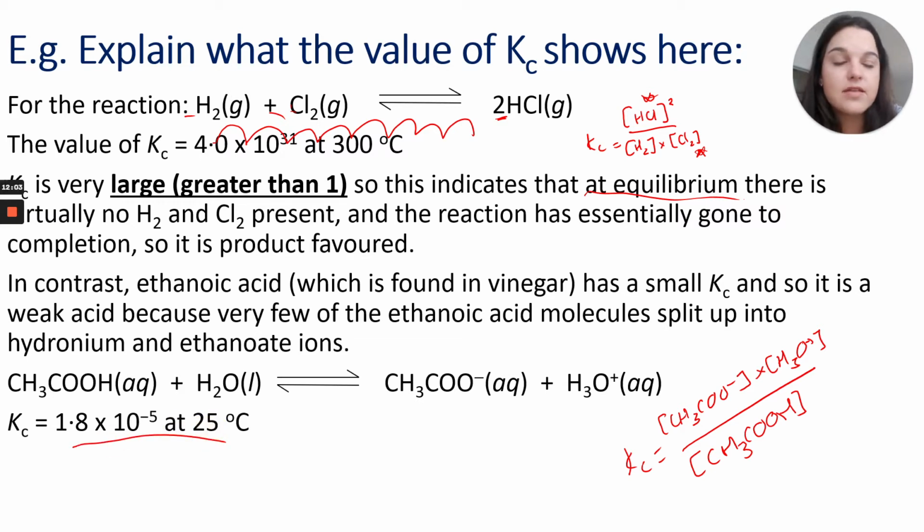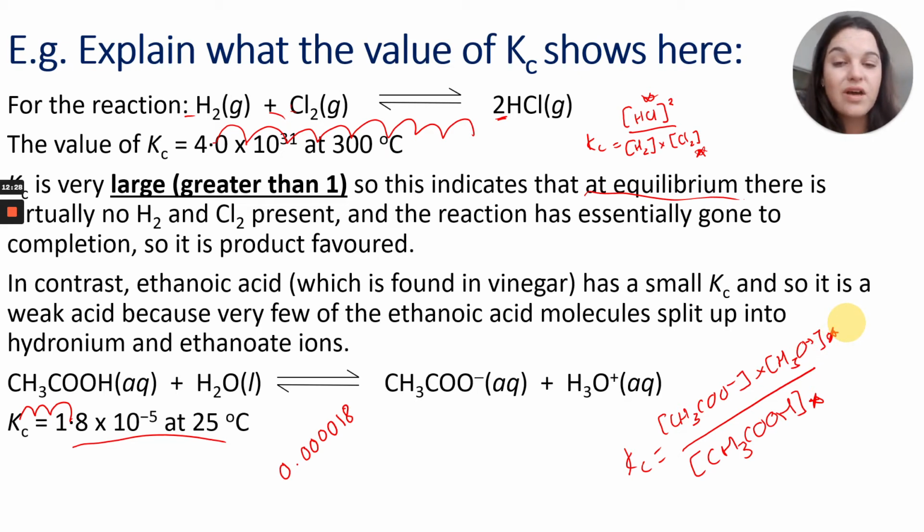Now what that minus 5 means is I'm actually moving the decimal place over this way 5 times. So what I'm going to end up with is this, which is definitely less than 1. Okay, this is a small number. So what that's telling me is I've got a high concentration of this one here and a low concentration of this one here.